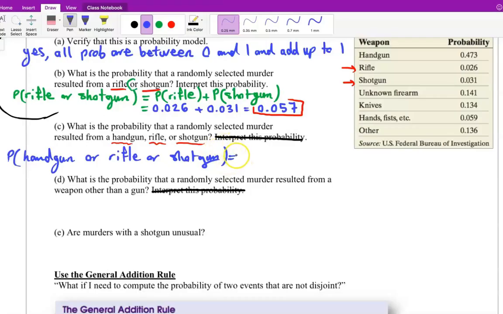So that is equal to, you don't need to write all these, you can directly write what the probability is for each one. So first here I have handgun, so let's use that one first.